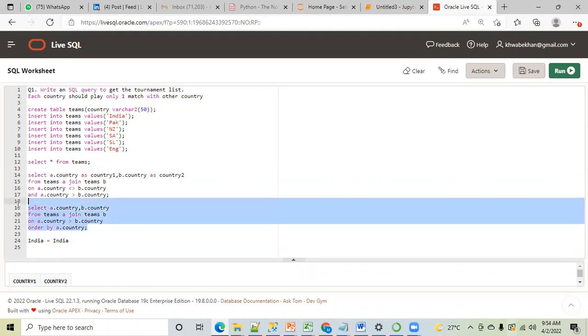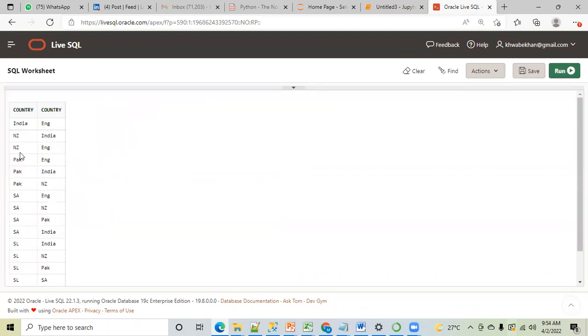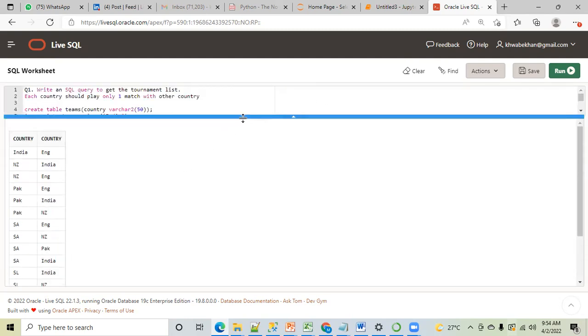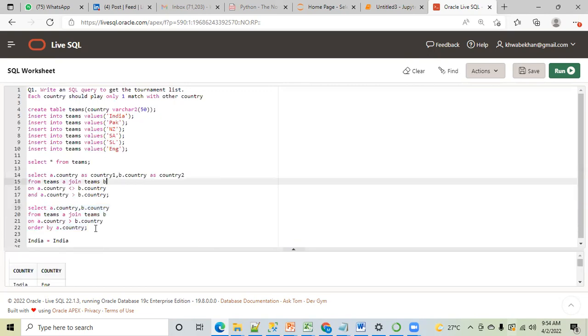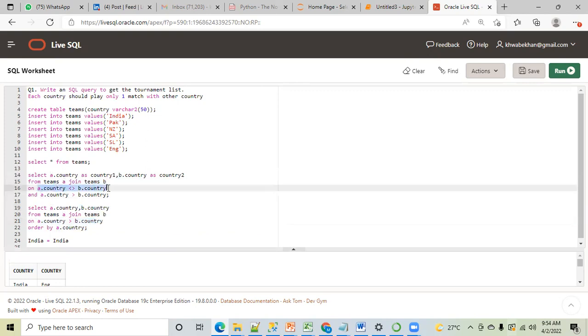Okay, let me show you this data. Do you have an India combination here? Can you please check? No. So that is the reason this query alone is sufficient, because this is taking care of this condition as well.